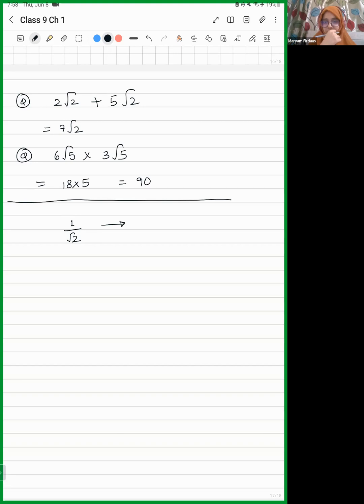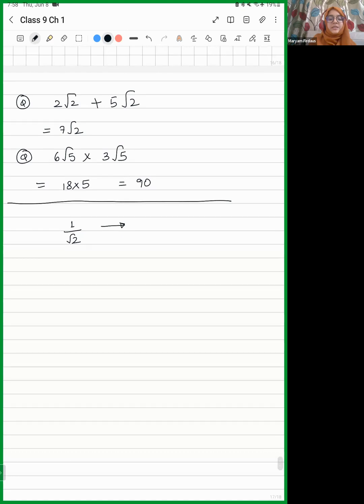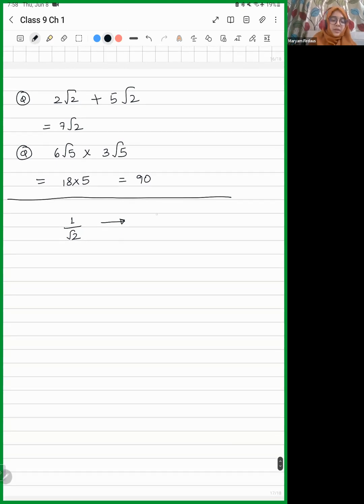Ma'am, because it's irrational. It is irrational, but even after you rationalize the denominator, the whole number in itself stays irrational. The reason we rationalize the denominator is that you cannot easily show this number on the number line, whereas if you rationalize the denominator, it becomes easy.